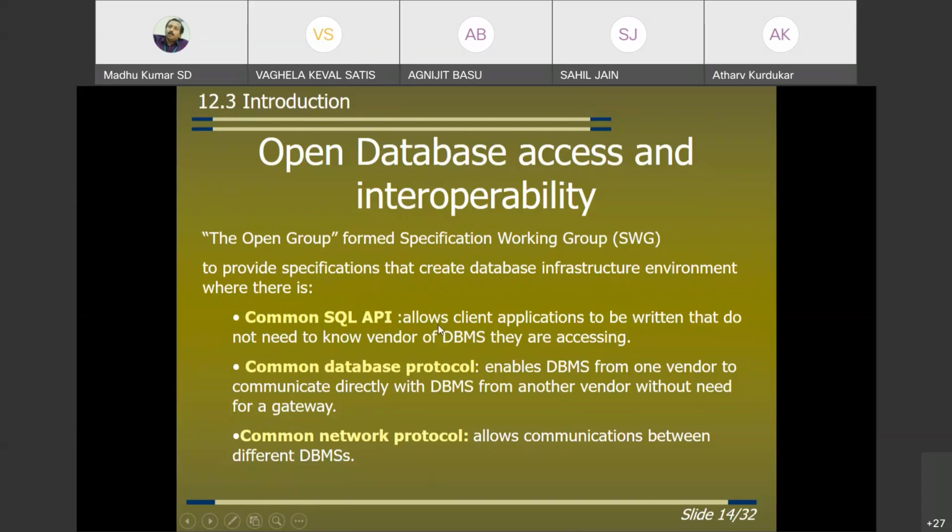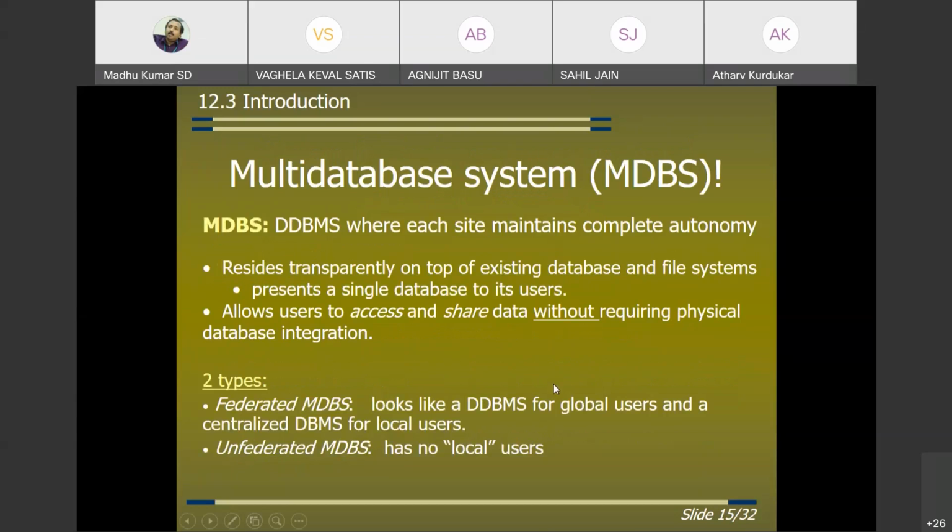This is especially useful in the case of heterogeneous databases. To deal with the interoperability issue, you have specifications with common SQL APIs, application program interfaces, common database protocols, and a common network protocol.